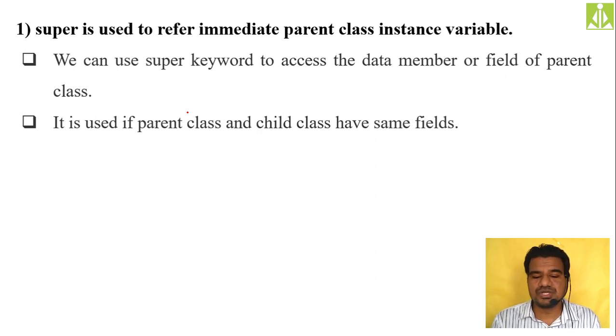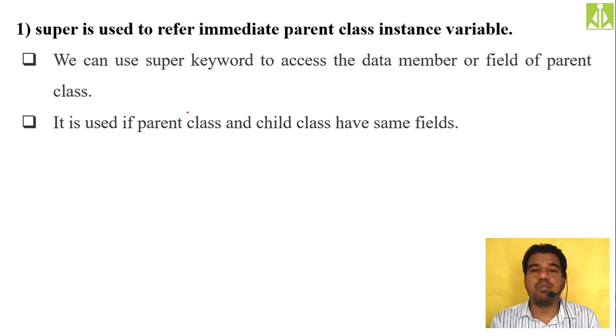It is used if the parent class and child class have the same fields. Generally, when the subclass is inheriting the superclass, you can access all the data members. There is no need of the super keyword, isn't it? You can access all the data members inside the subclass if it is inheriting.